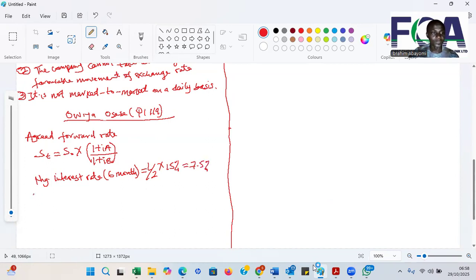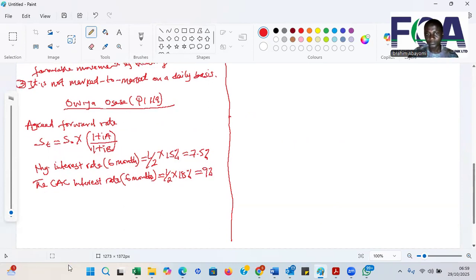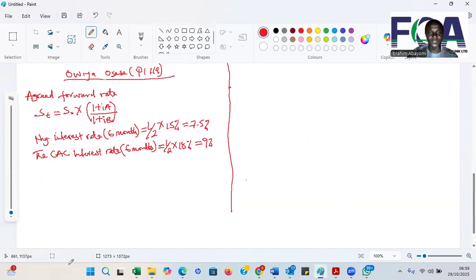Then the African country interest rate, also for 6 months, is equal to 1/2 times 18%, and that's 9%.